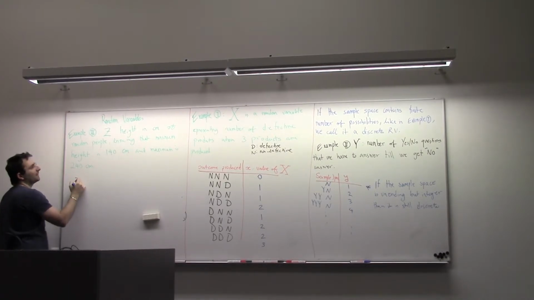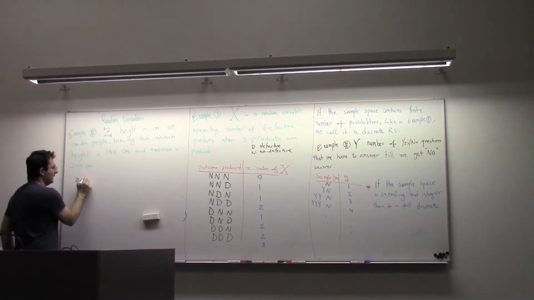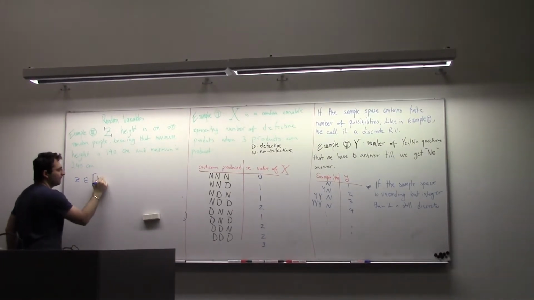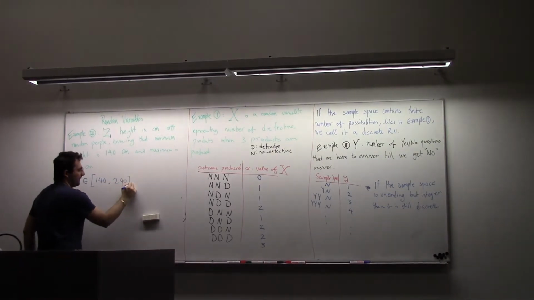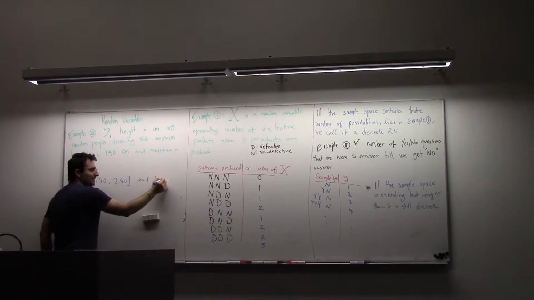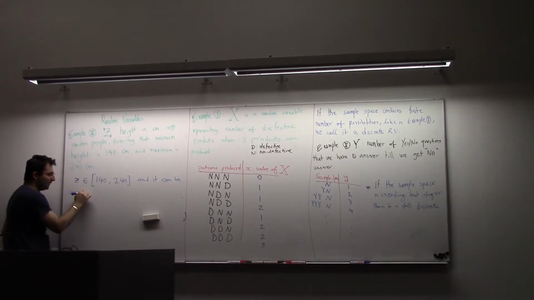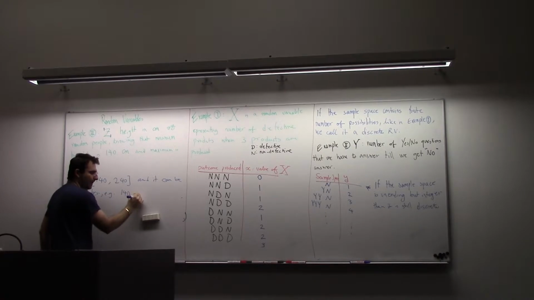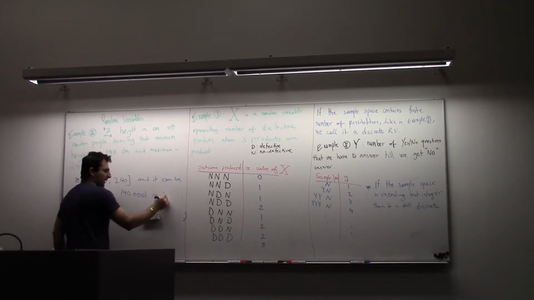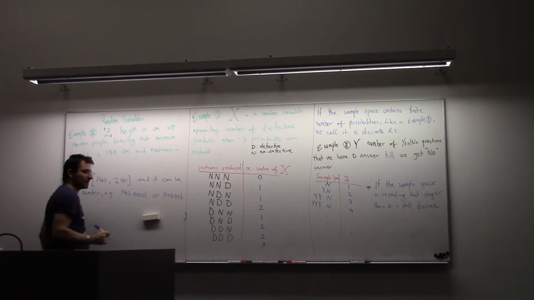Z, okay, this is capital Z. Z belongs to this range, and it can be any number. In other words, it can be this, or it can be this.